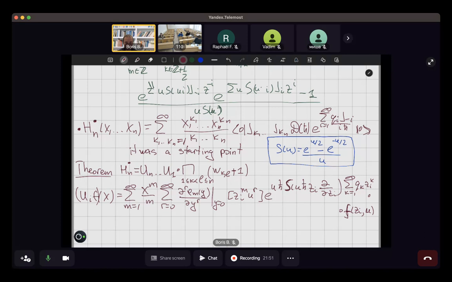This guy is some differential operator. Then we take a coefficient in front of zi to the power m, u to the power r. Here we have some function phi of y, differentiate it r times and take the free term. And here we have two infinite summations. You may say that this is not very nice, and so I'll answer who these phi are.